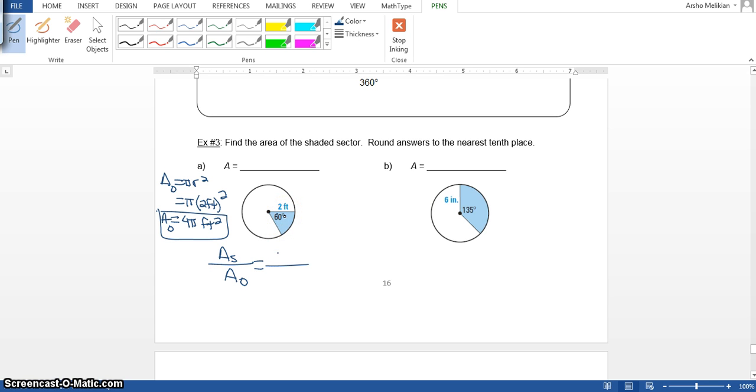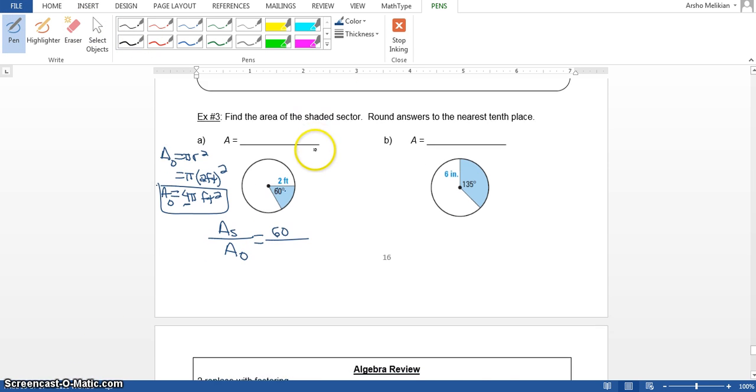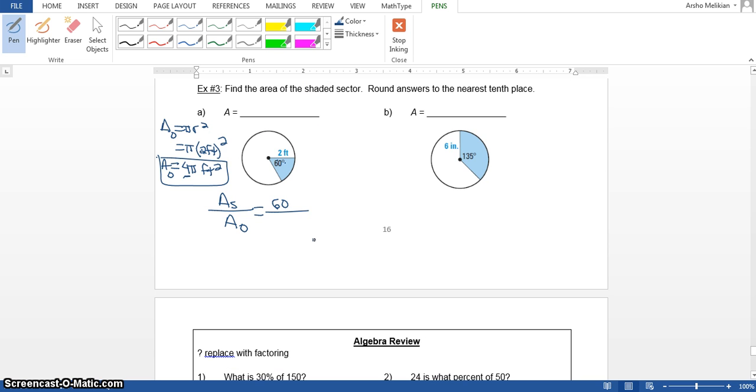Wait, to find the area, you did 2 times pi? No. Pi r squared, so pi times 2 squared.